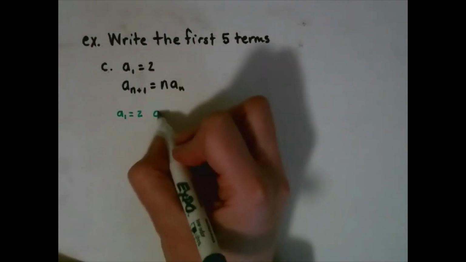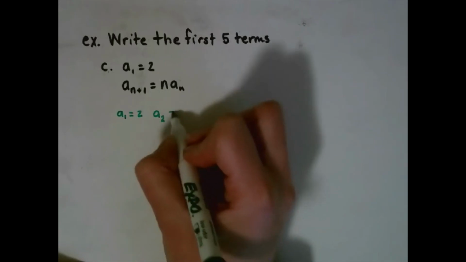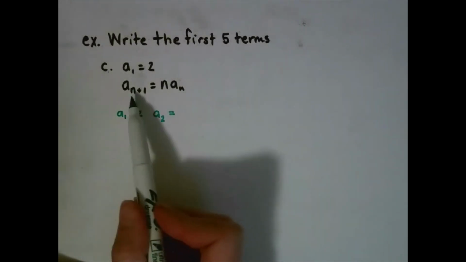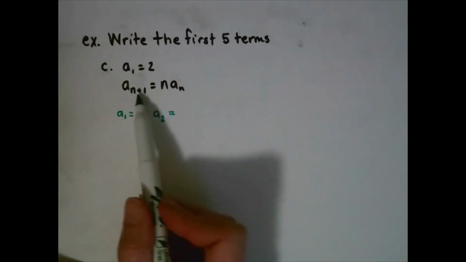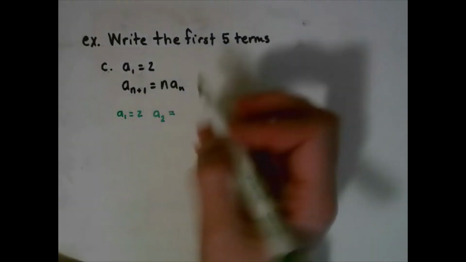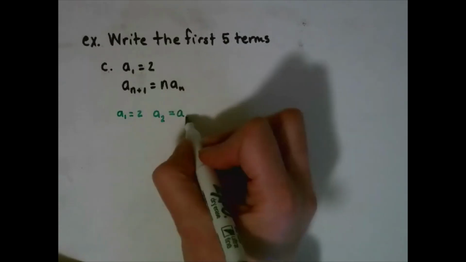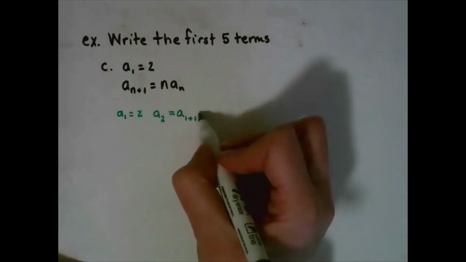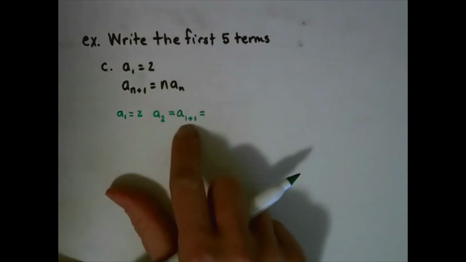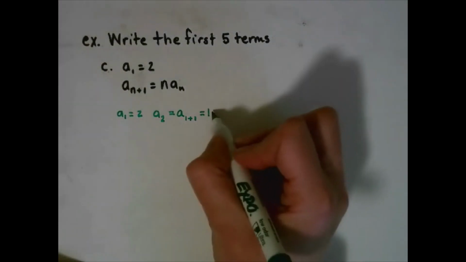Okay, A2. Looking at the subscript on this side, it is n plus 1. This is a little bit weird because that means A2 in this format is A(1+1), making n 1, which means this is 1.